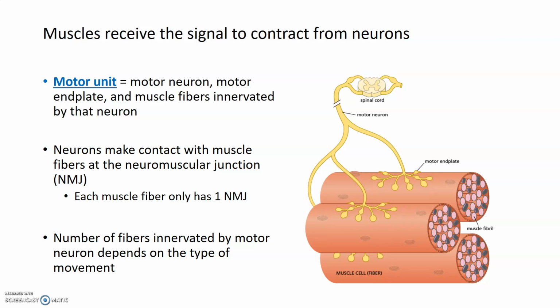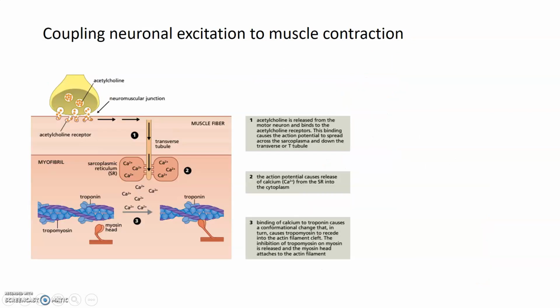And so what actually happens to communicate the signal from a neuron to a muscle cell to contract? Right. That happens, as we said, at the neuromuscular junction, or the meeting between motor neuron and the muscle itself, right? And so neurons will fire an action potential or an electrical signal that needs to be converted into a chemical signal to be received by the muscle cells, right?